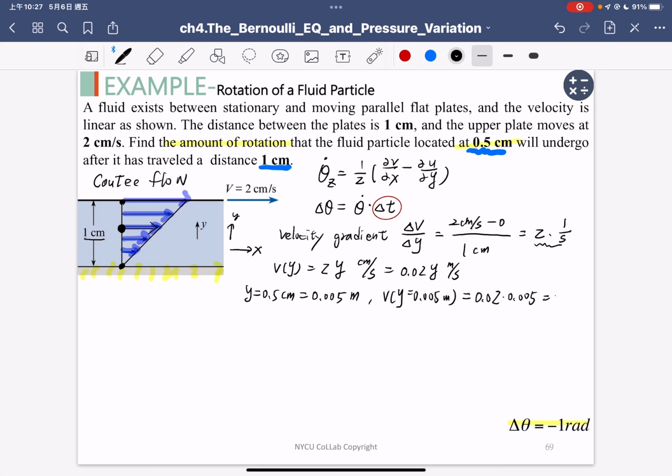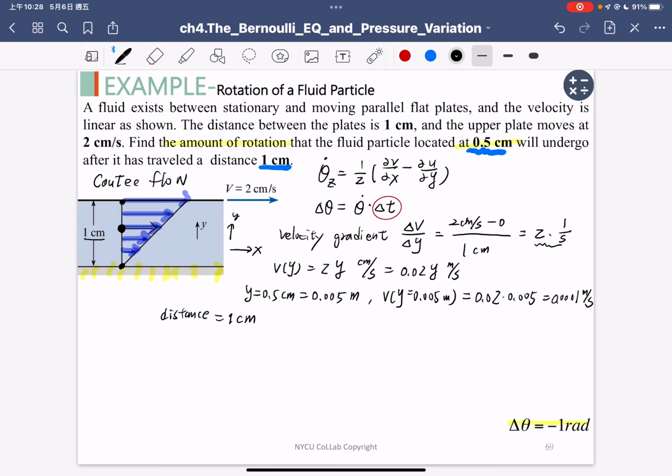It is equal to 0.0001 meter per second. Okay. And then we know that the travel distance is 1 centimeter. Okay, this is our distance.